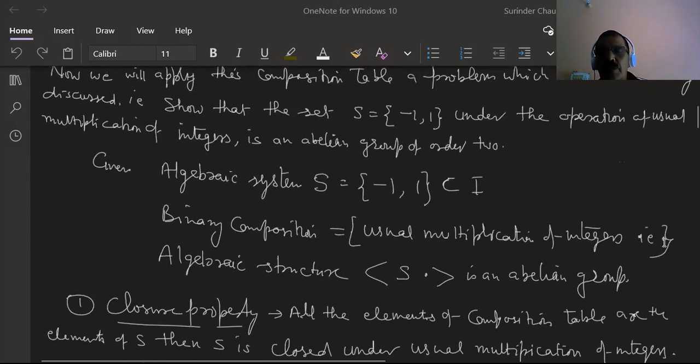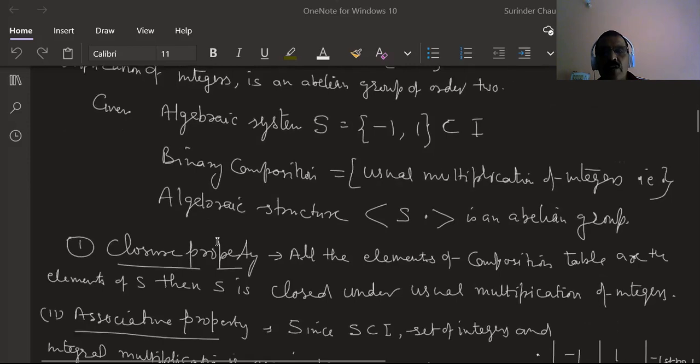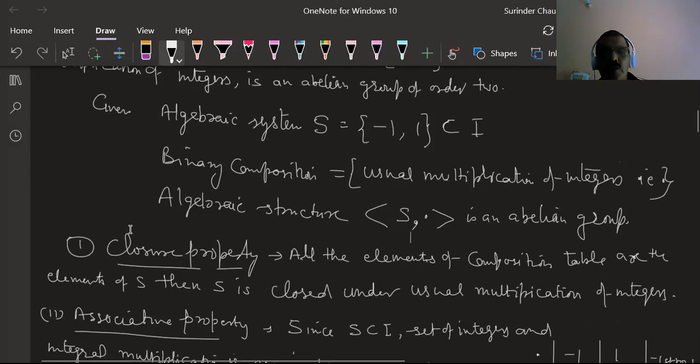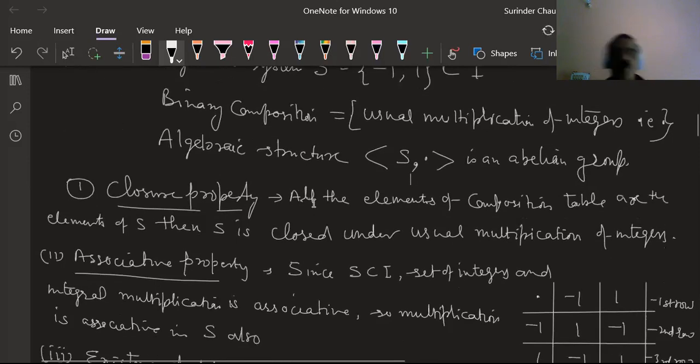Now we have to show that this set consisting of -1 and 1 under the usual multiplication forms an abelian group. For that we have to show all five properties: closure, associativity, existence of identity element, inverse, and commutativity.